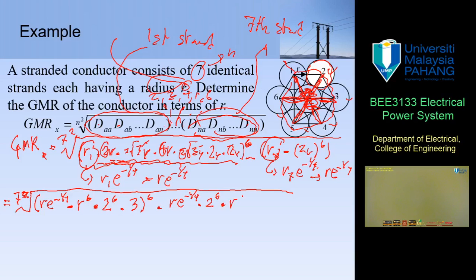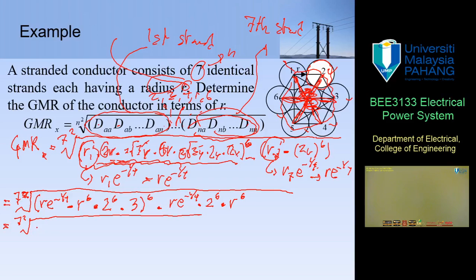So we get here R6. Now we take everything out and just simplify here, so R26 or R7, 42.